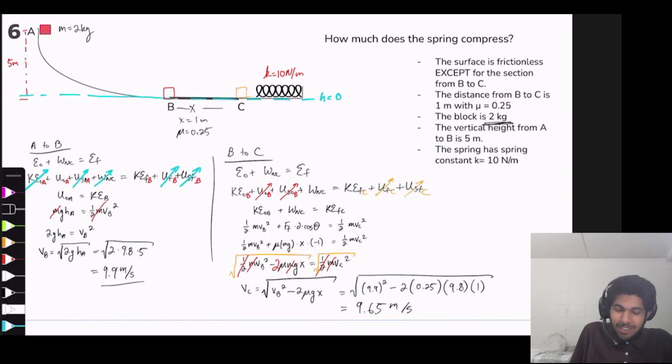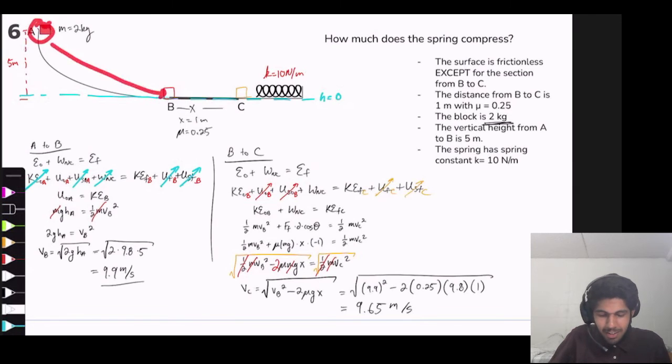So we're finally reaching the spring, and pretty much all we know is the velocity of the block at point C. So hopefully that'll give us some insight into how it interacts with the spring, right? We couldn't just figure out how far that spring compresses without knowing anything about the block at C. So we had to figure out how the block changes from here to here, and from here to here. Now we'll figure out how it interacts with the spring.